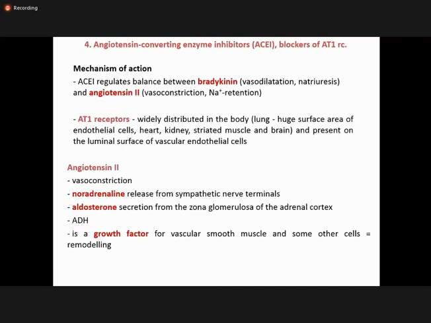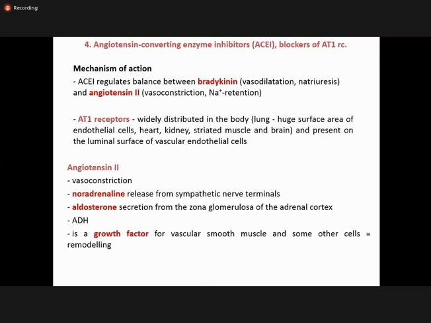Okay, mechanism of action. Angiotensin converting enzyme inhibitors regulate balance between bradykinin, which is responsible to produce vasodilation, and angiotensin 2, that is responsible to produce vasoconstriction and sodium retention. That also we have discussed yesterday.